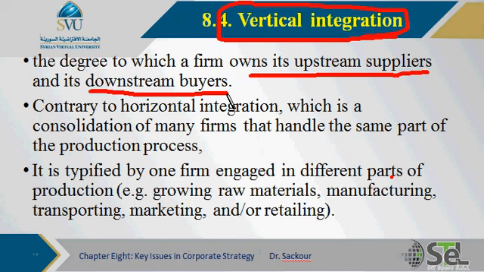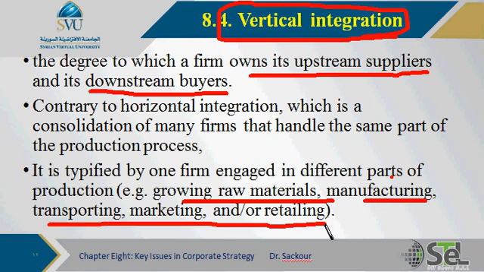In contrast to the horizontal one, it is typified by one firm engaged in different parts of production: growing raw materials, manufacturing, transportation, marketing, etc. This is the supply chain.